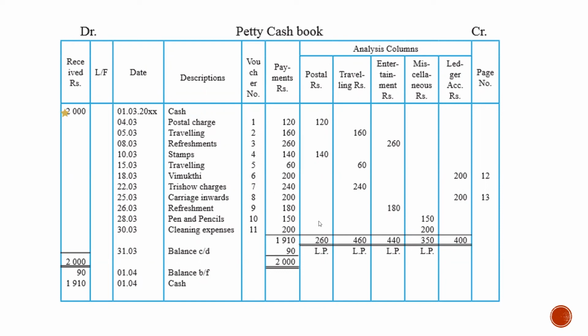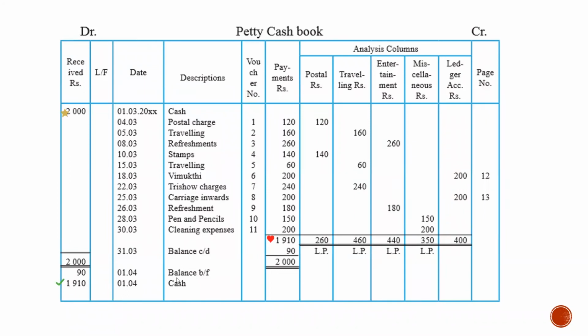Likewise, once we start recording, before this 2000 is over, we have to reimburse it. Now see, 90 rupees is remaining and 1910 is spent. So this is the amount spent. Then what we should do is ask for a reimbursement of 1910.